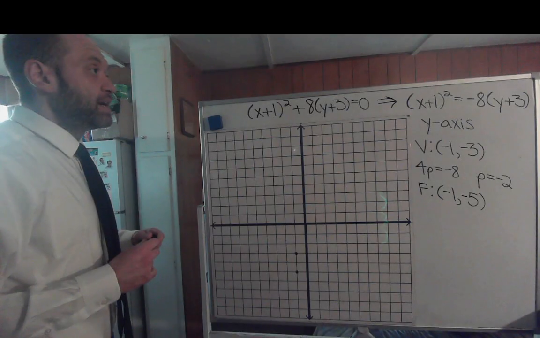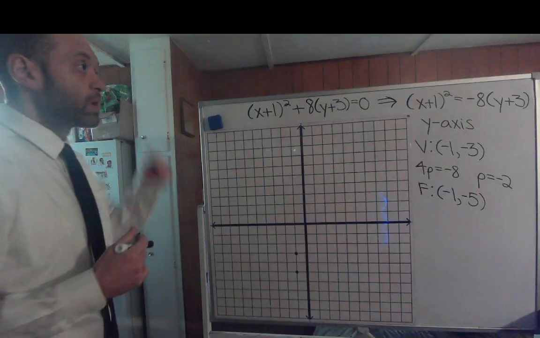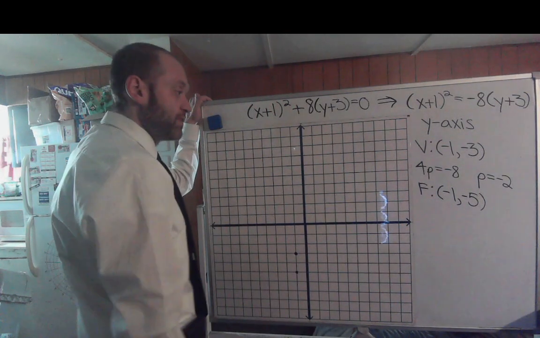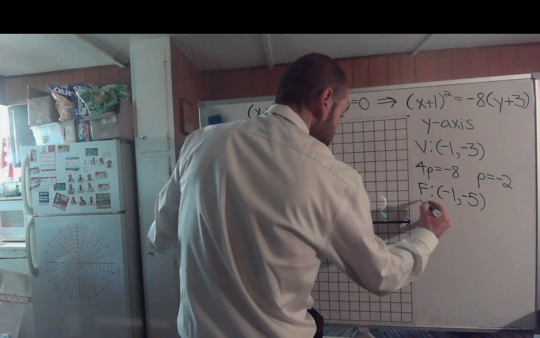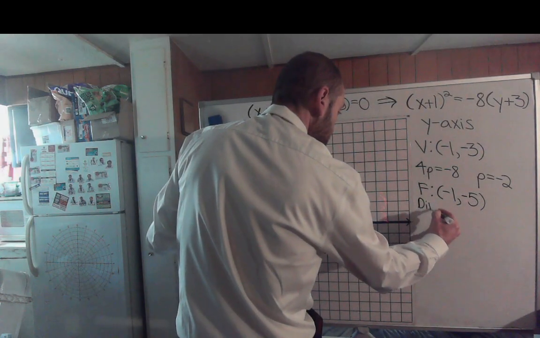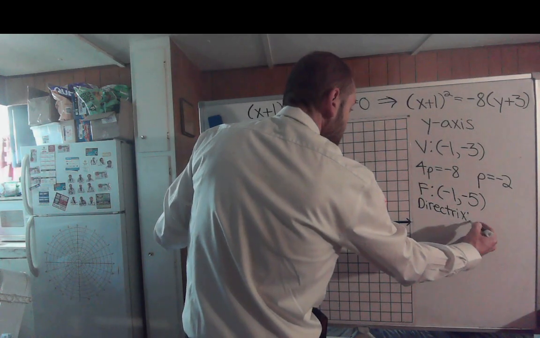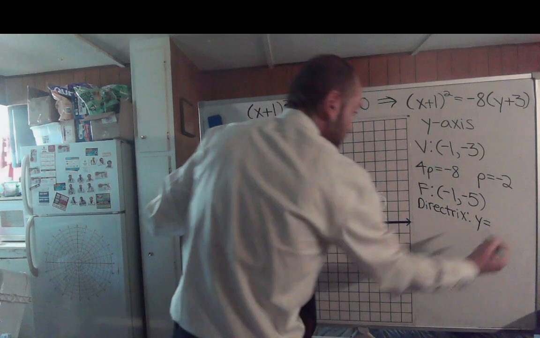Alright, so the focus would be -1, -5, and then the directrix, let's find that. y-axis symmetry means it'll be in the form of y equals.